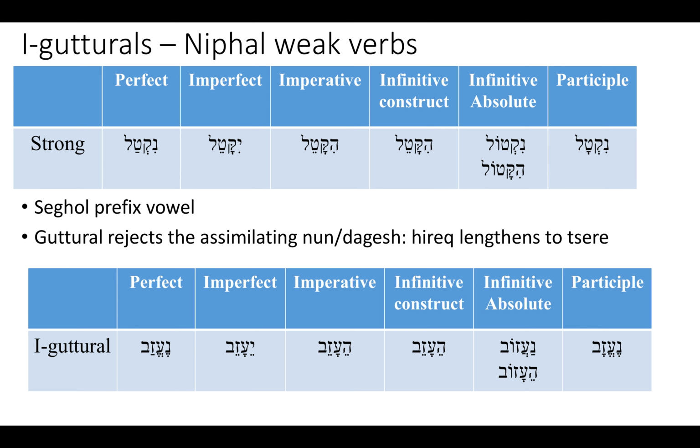That's seen also in the imperative and infinitive construct, where we would expect the nun to assimilate as a dagesh into the first letter. The ayin as a guttural rejects that, causing compensatory lengthening. The qamets, however, stays the same under that first letter in the imperfect, imperative, and infinitive construct, so that is still a marker to help you identify these as Niphal.